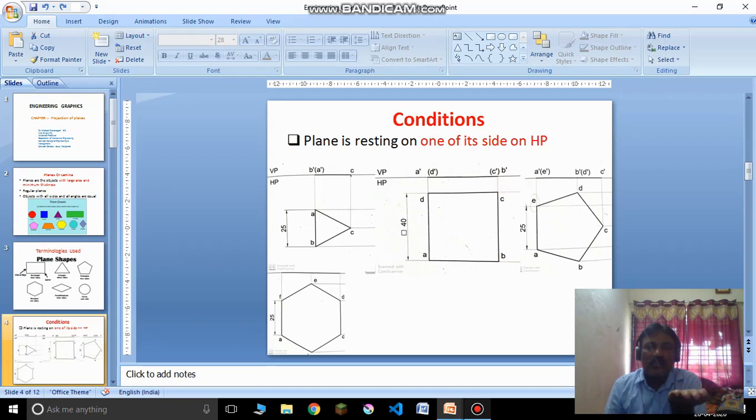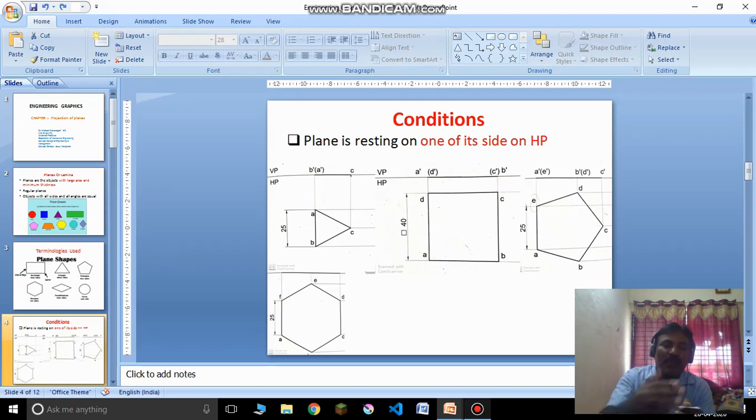In the beginning I have to keep the object such that it is parallel to HP, on HP, and the side on which I want to rest, suppose this is the side I want to rest, should be perpendicular to VP.